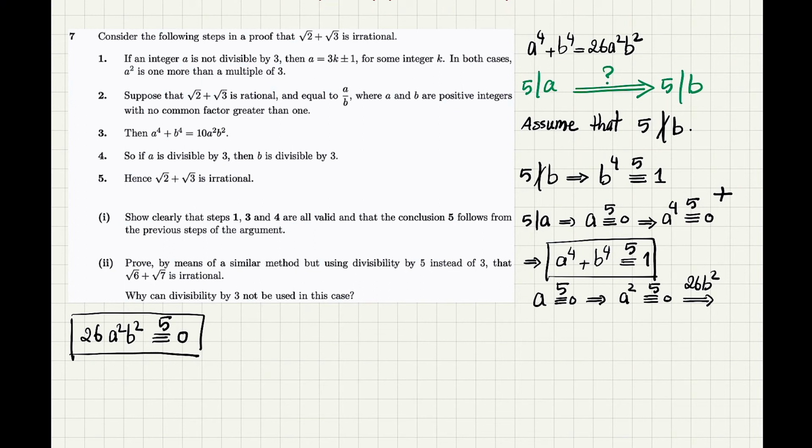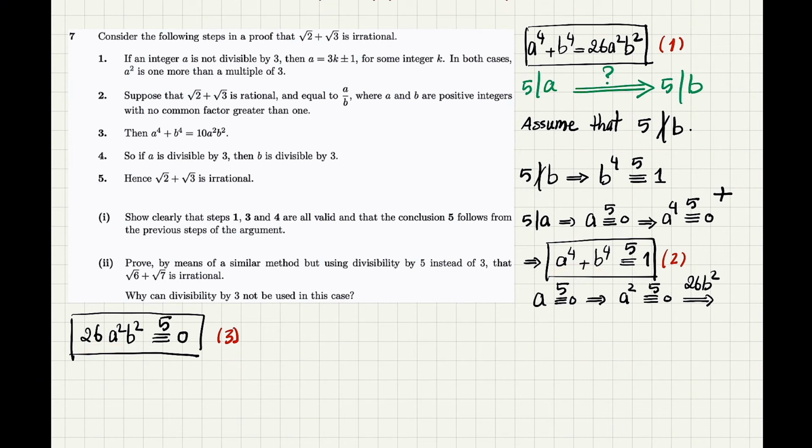Okay, so let me consider these. So I consider this number 1, consider this number 2, and number 3. Yes? I know that a to the 4 plus b to the 4 is congruent to 1. I know that this expression is congruent to 0. And on the other hand, I know that these two numbers are the same.